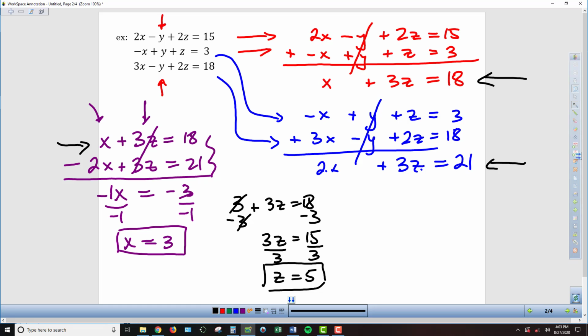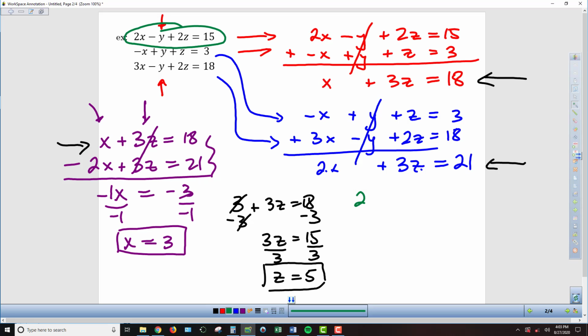And so now I'm ready to go back to one of the original equations, plug in x as 3, plug in z as 5, and then I can solve for y. So if we can pick any one of the three, I'm going to go ahead and pick the top one just out of convenience.